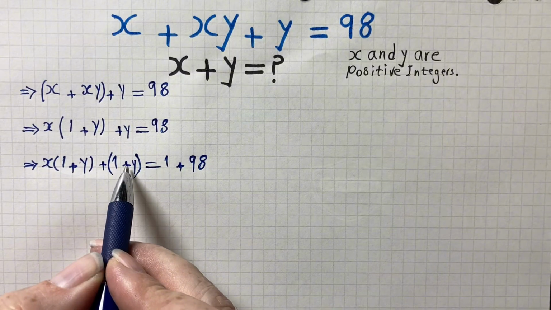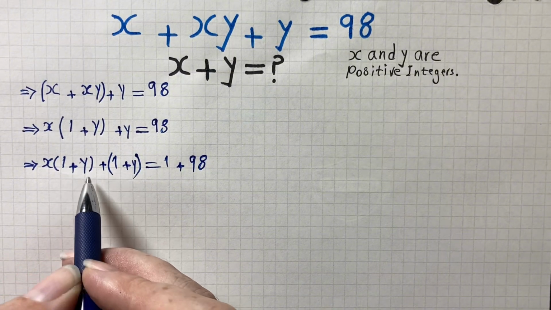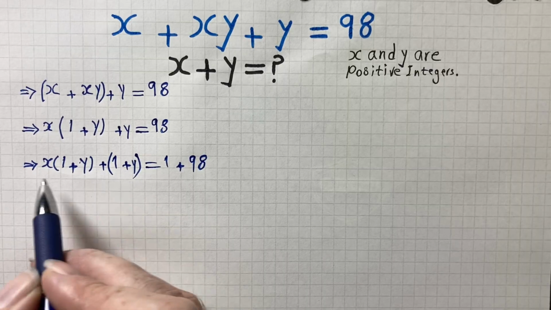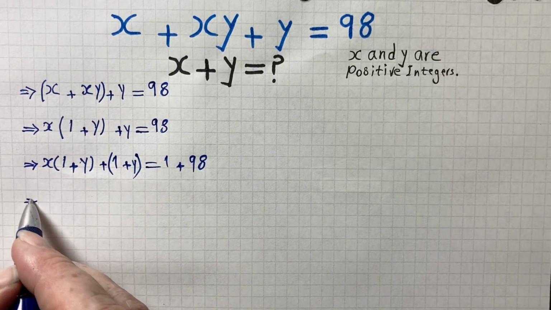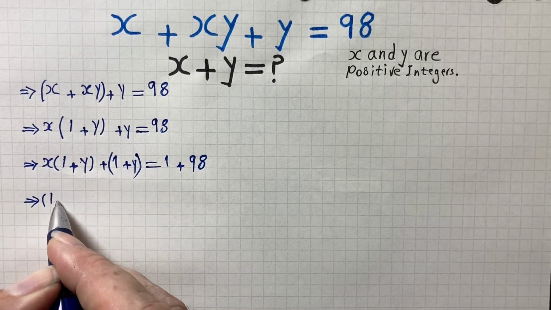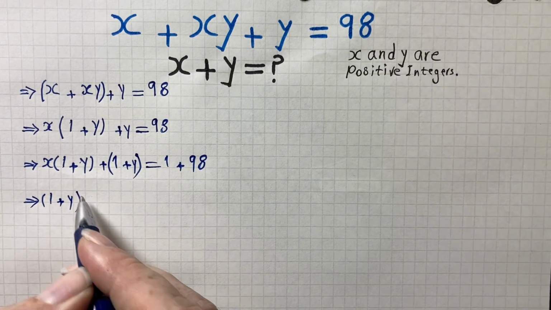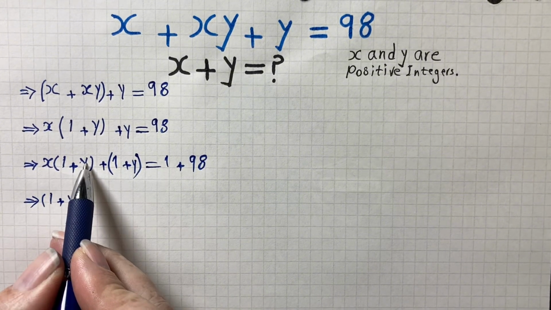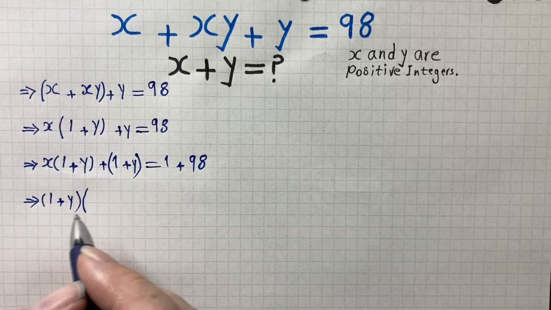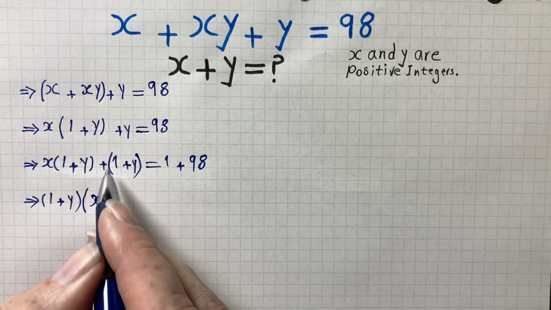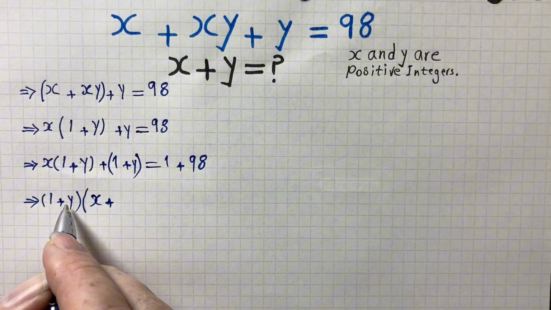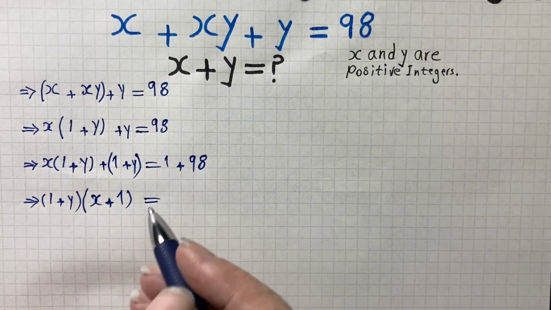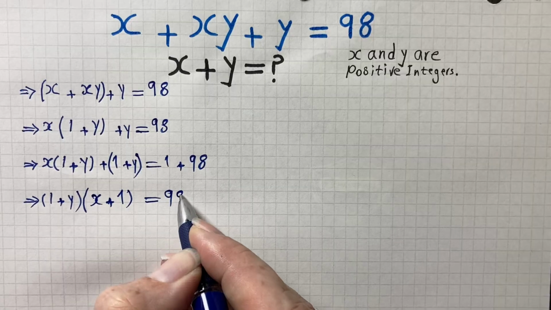Both terms have 1 plus y in common, so I choose 1 plus y as the GCF and factor it out. It is going to be 1 plus y times x plus 1 equals 1 plus 98, which is 99.